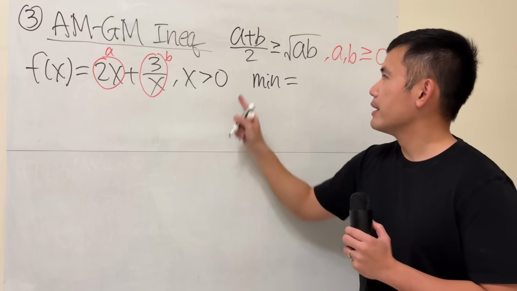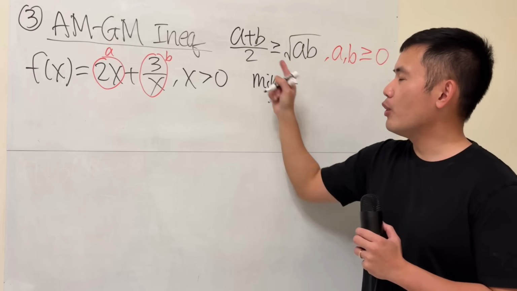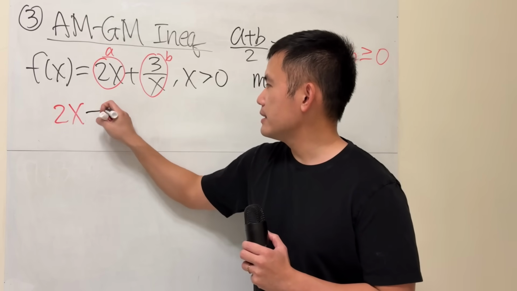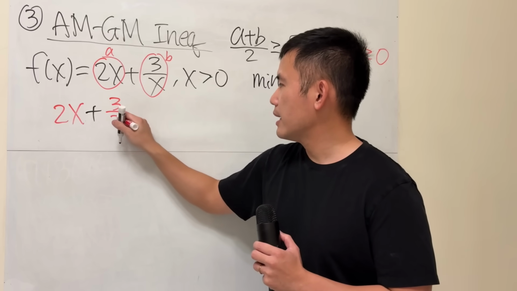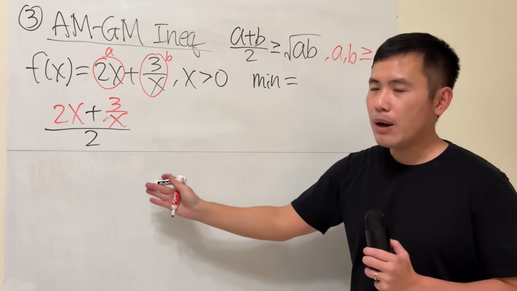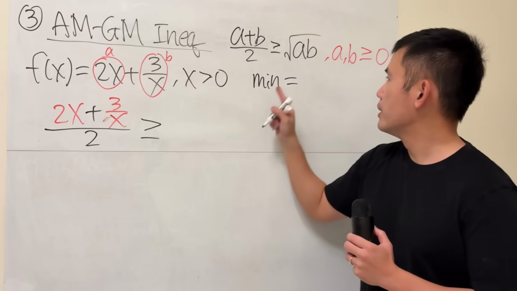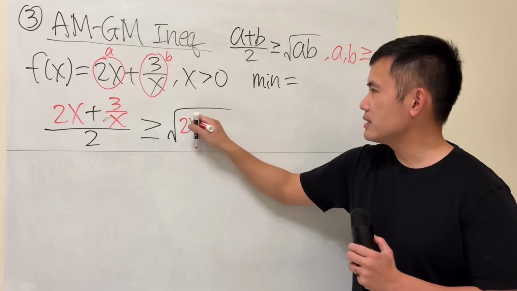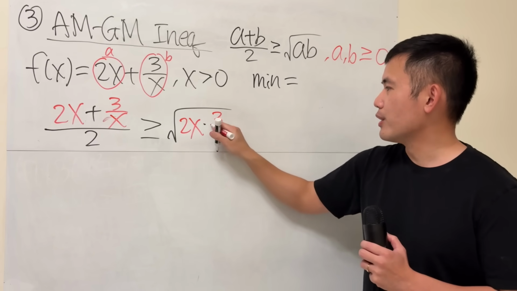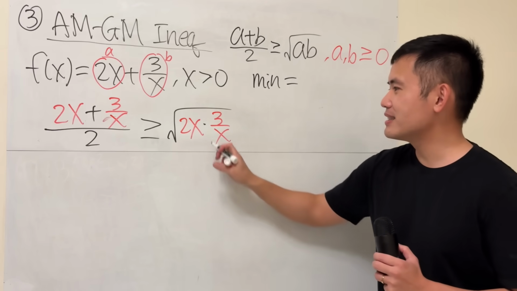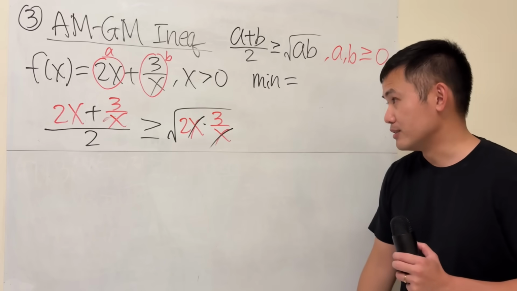Have a look. By AM-GM, (A plus B) over 2, which is (2x plus 3 over x) over 2, we know that will be greater than or equal to, put them in the square root and multiply, so 2x times 3 over x. This is so nice because on the right hand side, the x and x cancel.